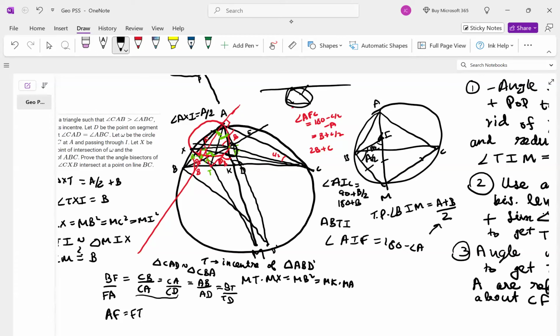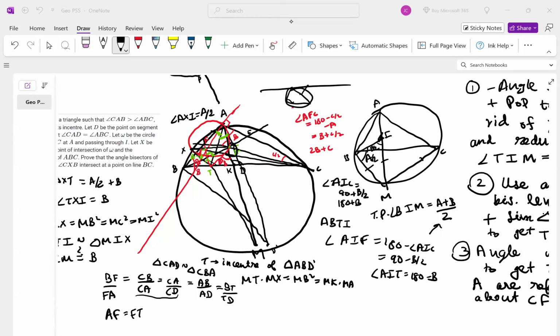AIT is equal to 180 minus B. So we got AITB cyclic because AIT is 180 minus B.